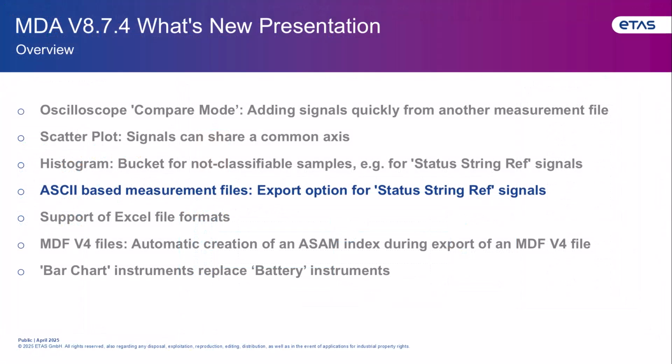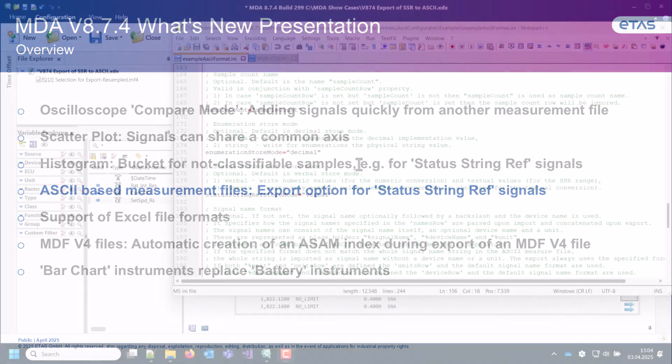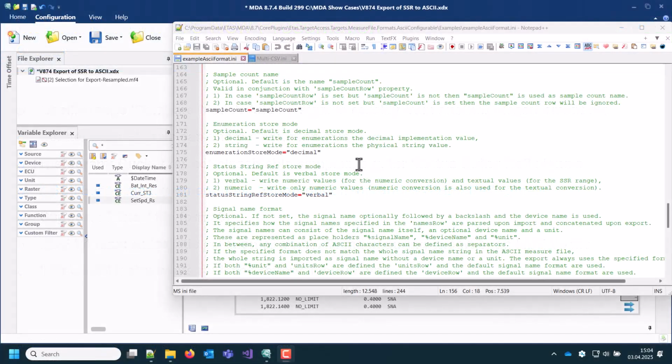For ASCII-based measurement files, a limitation of the supported signal data types was removed. Besides ordinary numeric signals and enumerations, also so-called status string ref signals can be part of an MDA V4 measurement file. The samples of such signals can either have a numeric or a verbal physical value.